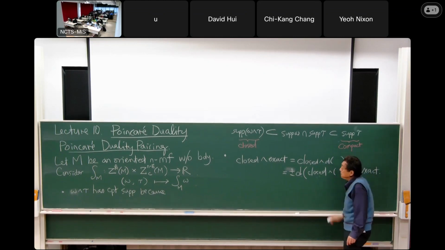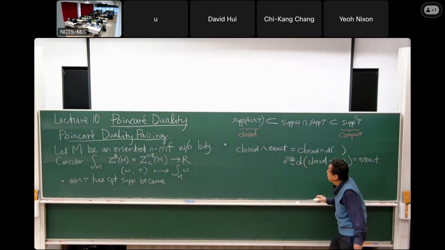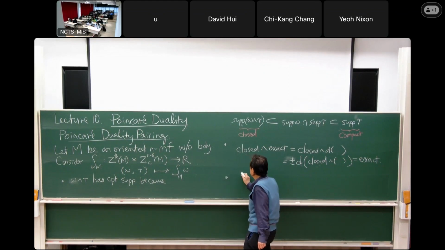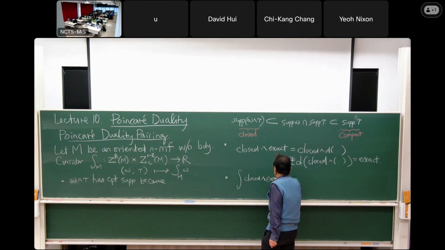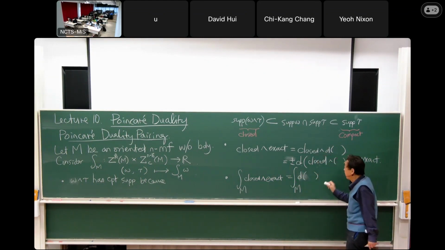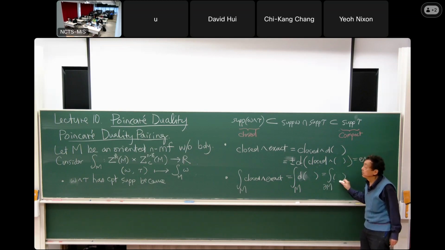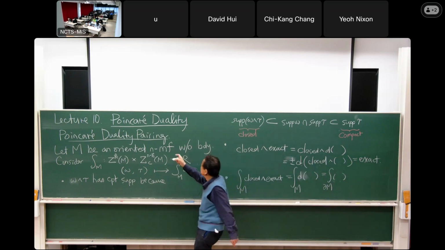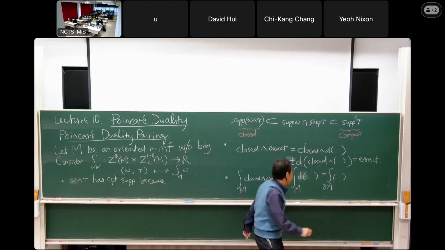And if you integrate a closed form wedge an exact form, then you're integrating an exact form, so d of something. And by Stokes theorem, this is the integral over the boundary of something. But, you know, our manifold has no boundary, okay?